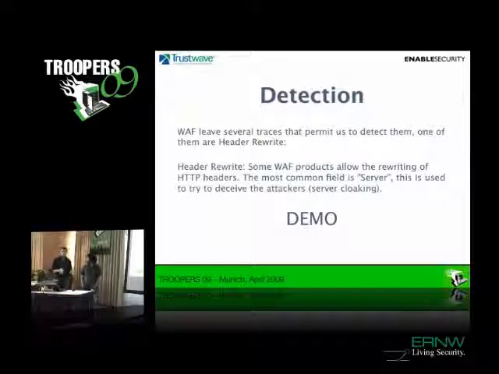In some implementations, they change the server header all the time. In some implementations, they just change the header if they detect an attack. So this kind of behavior allows us to detect and even distinguish which web application firewall it is. Here we'll see another real example testing against ARM logic.